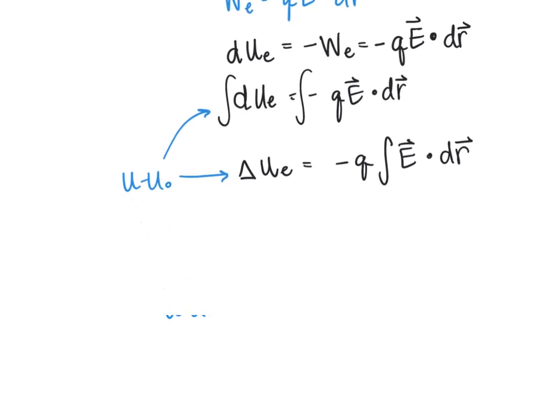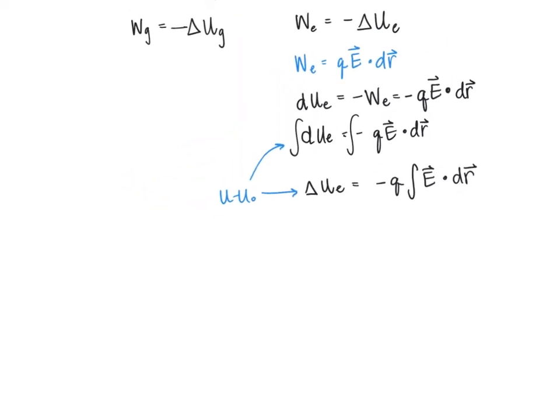Now, just like the gravitational field causes a conservative force, meaning it does not matter what path is taken for an object at y equals 0 that is going to go to some final position up here, it can take any path to get there, and the work done by the gravitational field will be the same no matter the path.